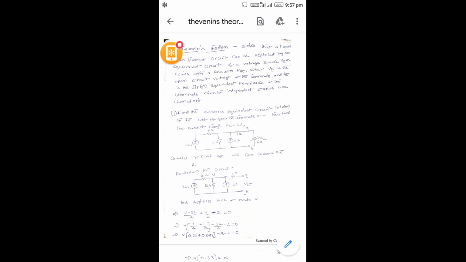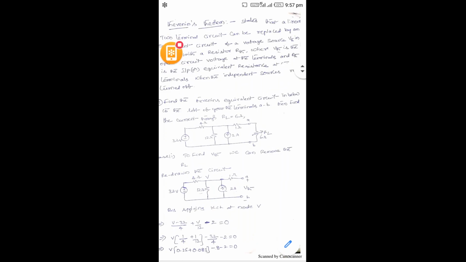The circuit has elements of 4 ohms, 12 ohms and 1 ohm, the load resistance is 6 ohms, the independent voltage source is 32 volts and the independent current source is 2 amperes.